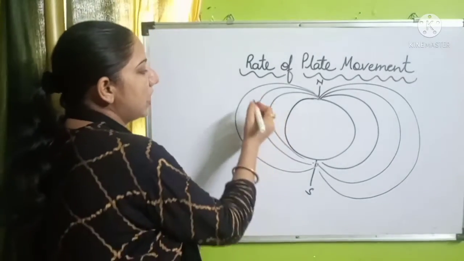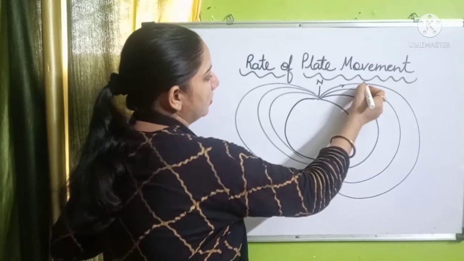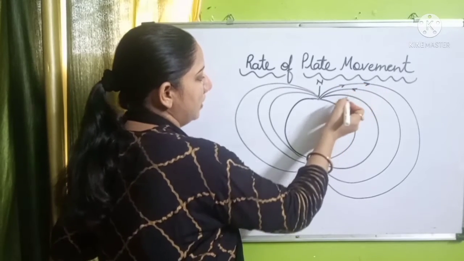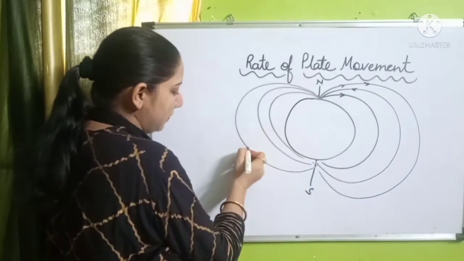These rotate in different directions, a few here, like that. These are known as the magnetic field stripes.